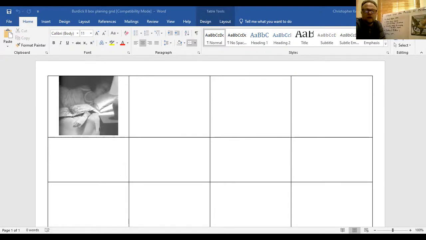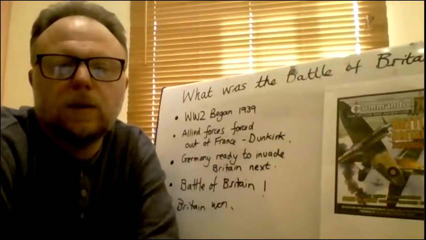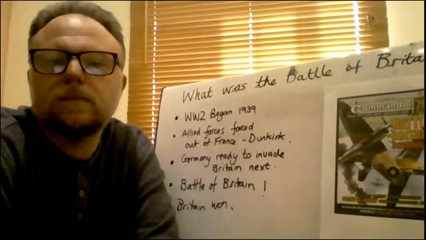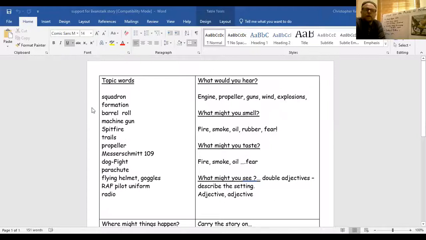One more document that I'll share with you. I'm just going to stop sharing that one. And I'll share one more. This page here will be useful for you when you're writing later in the week. Think about what would you hear, what you would smell, what you might taste.